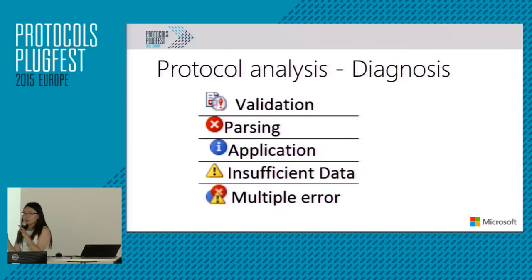It just means that this particular field is not correct. I will stop parsing here, but I can continue parsing the other fields of this frame or other frames. Compared with that is the parsing error. A parsing error is a hard stop. That means if something goes wrong here, I can't continue to parse this particular frame.